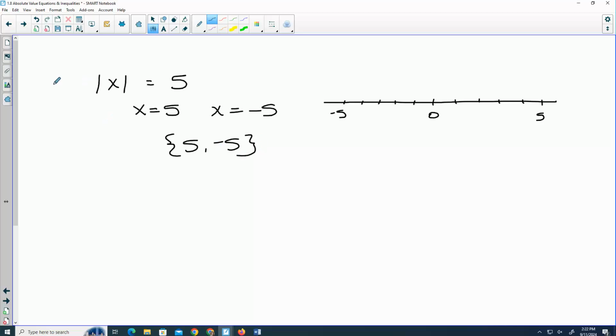If I said the absolute value of x is less than 5, what that's saying is on my number line, it's less than 5 units from 0. We know equal to 5 is here. Everything less than 5 would be where?